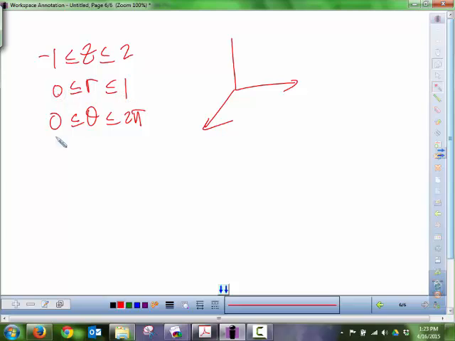My r goes from 0 to 1, my theta goes from 0 to 2 pi, so that goes all the way around. And my z goes from -1 to +2. So I would have a cylinder that went from z equal to -1 to z equal to +2, and then it would be a circle all the way around.